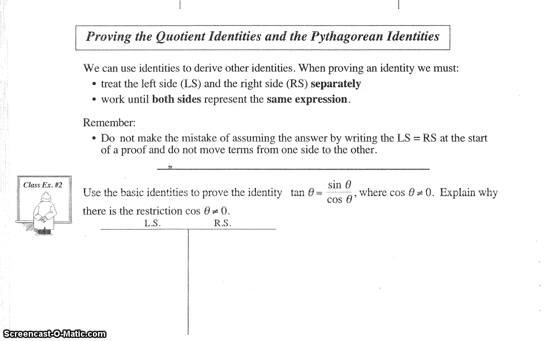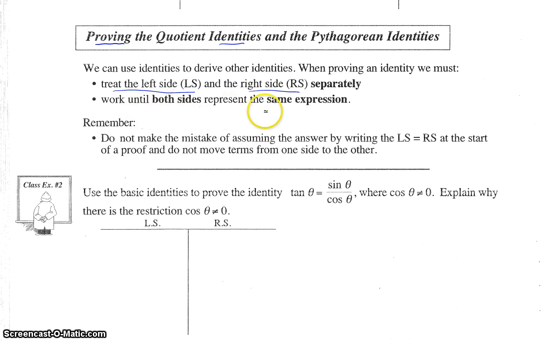Just to compare, we're going to be looking at proving identities, more so again on the next lesson, where we prove that the left-hand side equals the right-hand side, but this begins our working with identities. To prove an identity, we have to treat the left side and the right side separately. Again, we'll do that more in the next lesson.